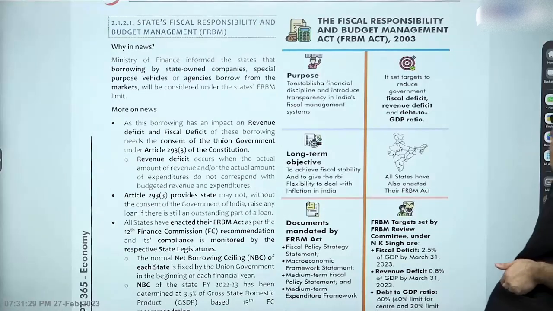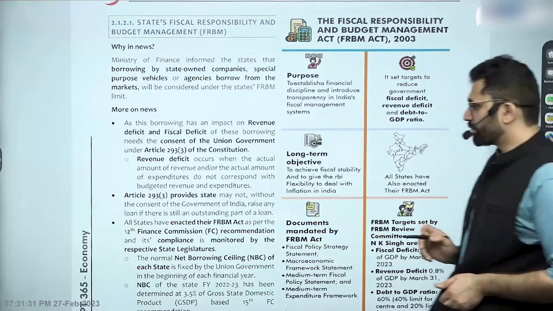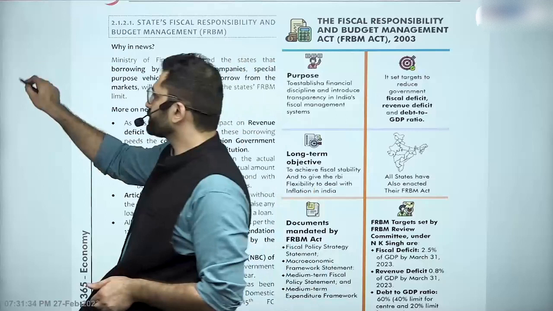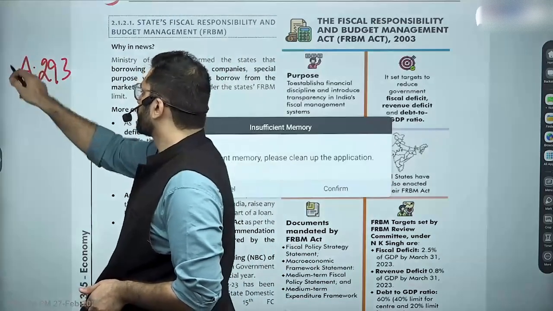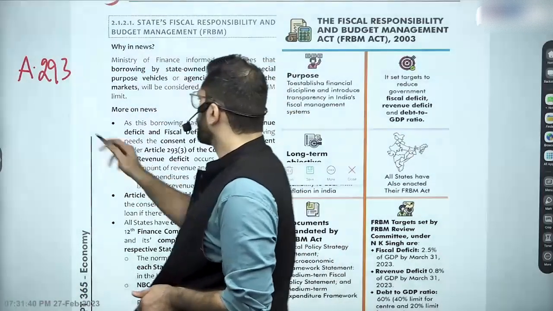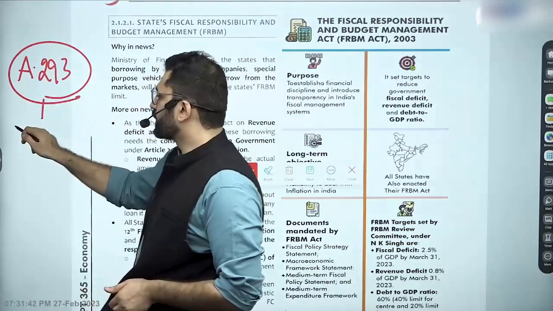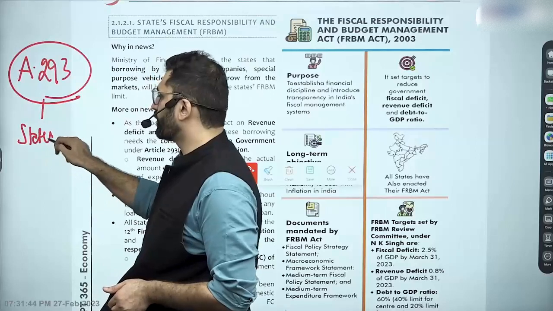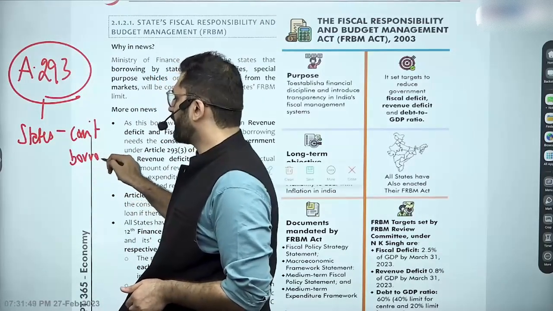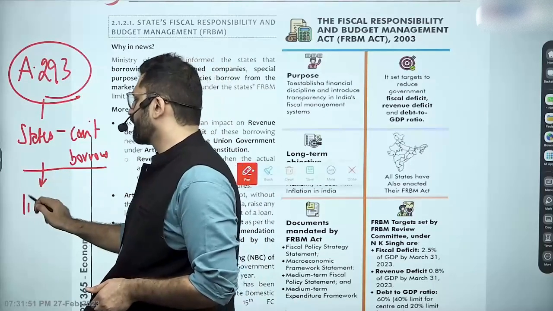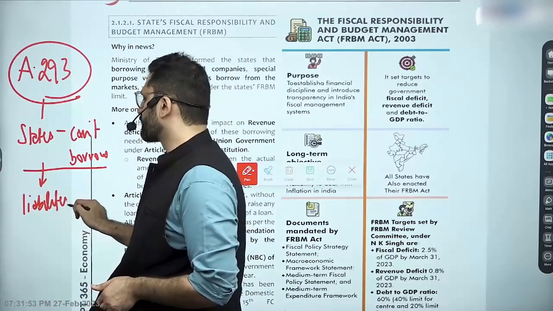Under Article 293, the states cannot borrow from any source if they have certain liabilities to the center.